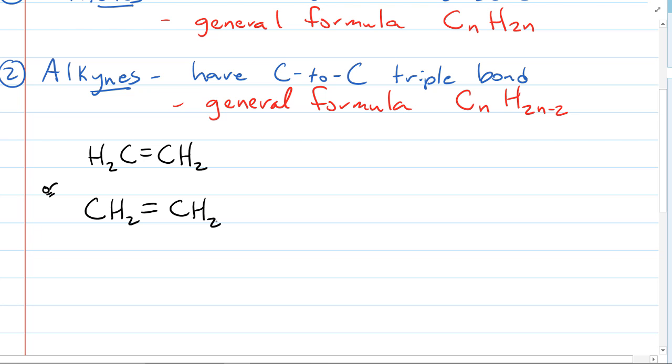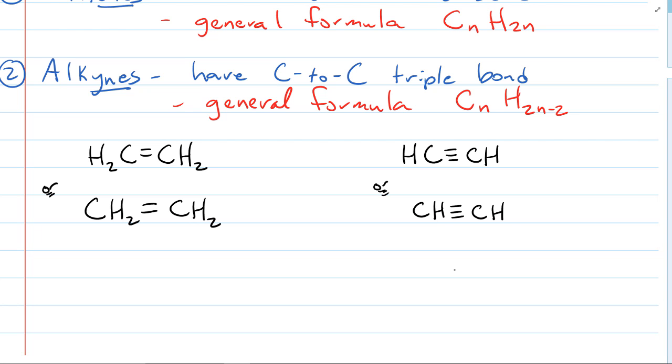And if we were to write out this one right here, we could write it as HC triple bond CH, or we could write CH triple bond CH. So these are the 2 different ones that we're going to be looking at.